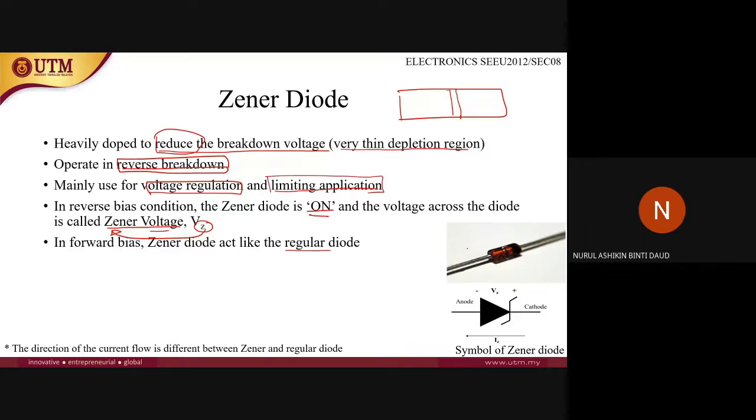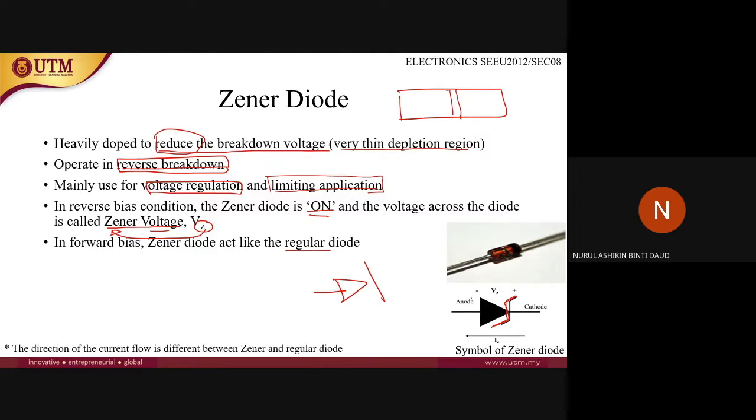So this is the image of the Zener diode. Maybe some of you have seen this before. And this is the symbol of a Zener diode. You can see that a normal diode is straight, right? But for the Zener diode, the back here looks like a Z because it represents Zener.